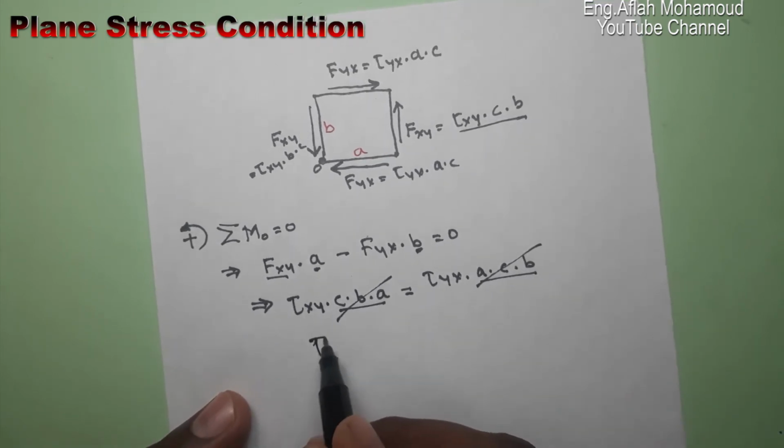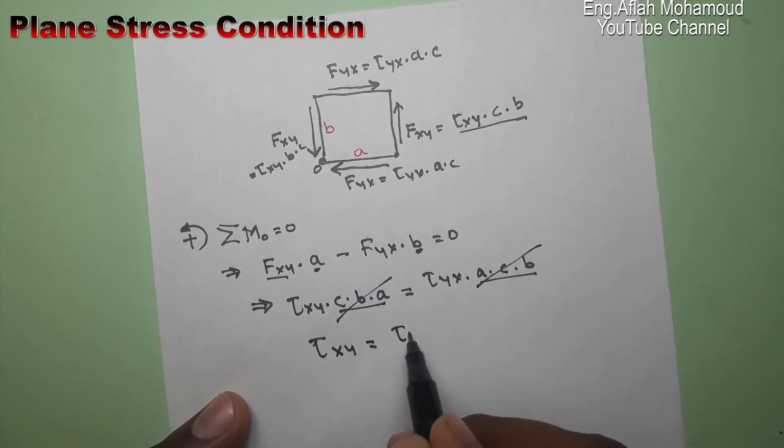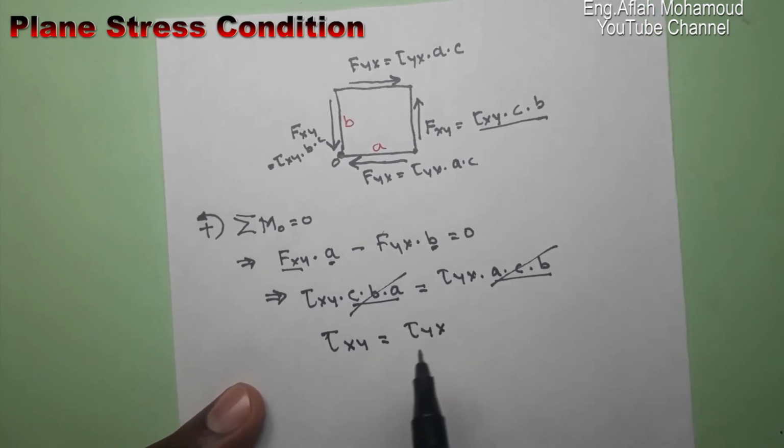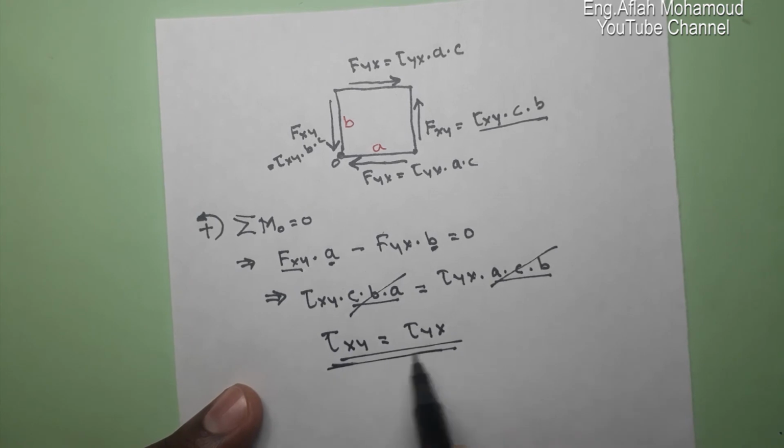What we have is tau xy equals tau yx. So it is now proved.